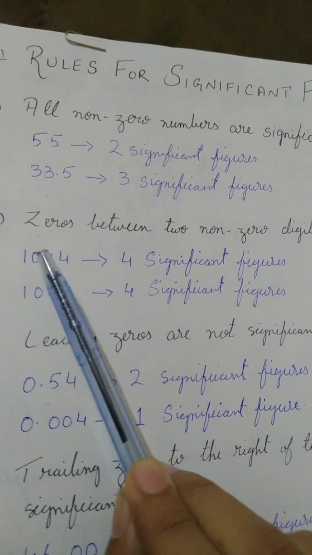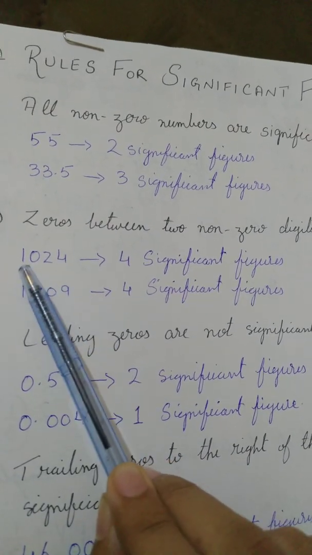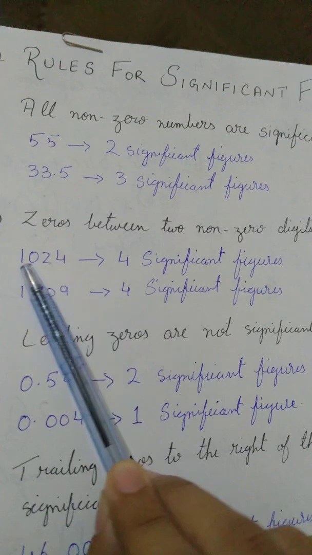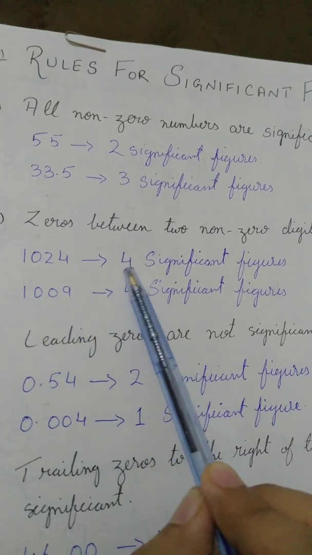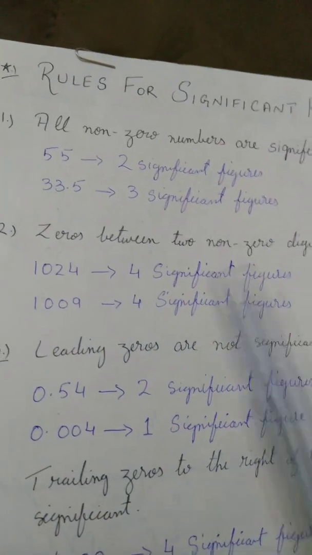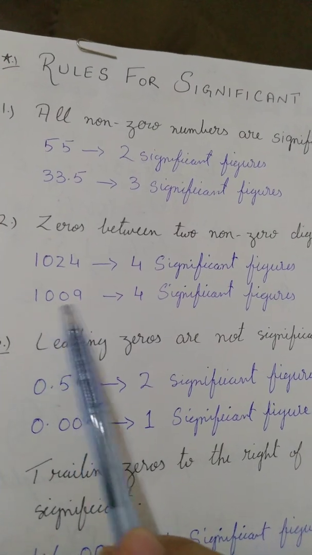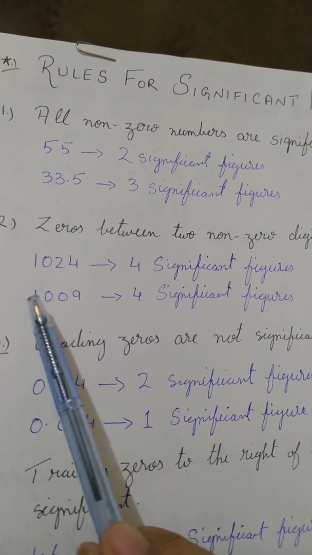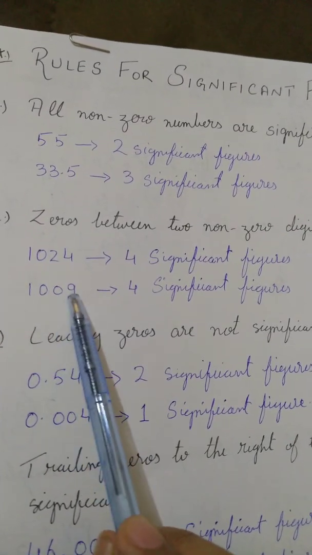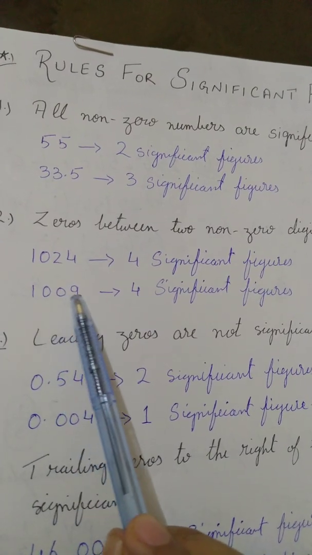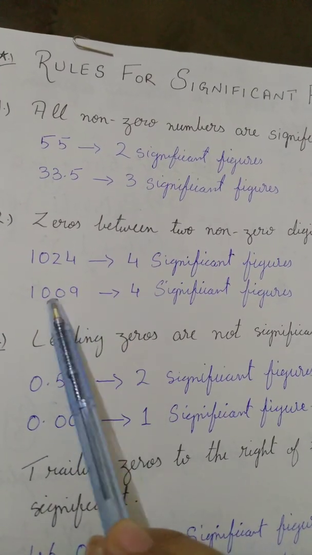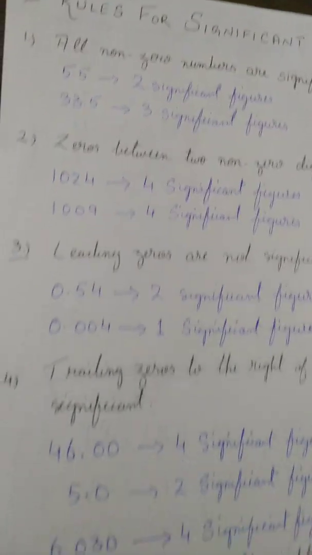So 1024 has 4 significant figures. All these 4 numbers are significant. Same goes for 1009. You can see these two zeros are between these two non-zero numbers, so all 4 of the numbers will be significant. So this number has 4 significant figures.